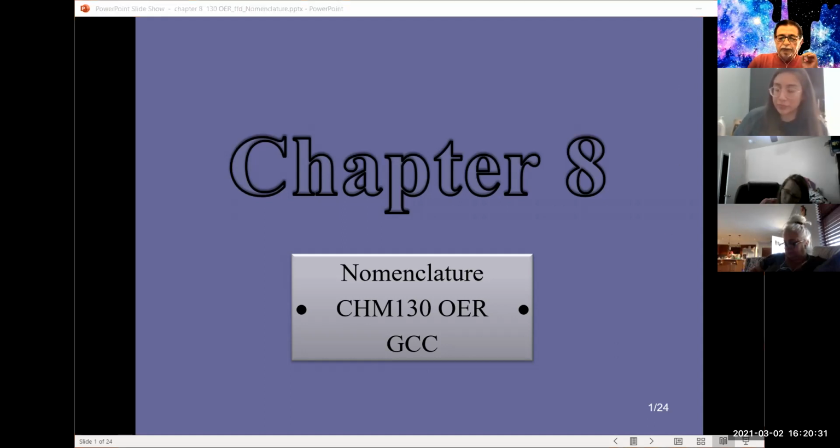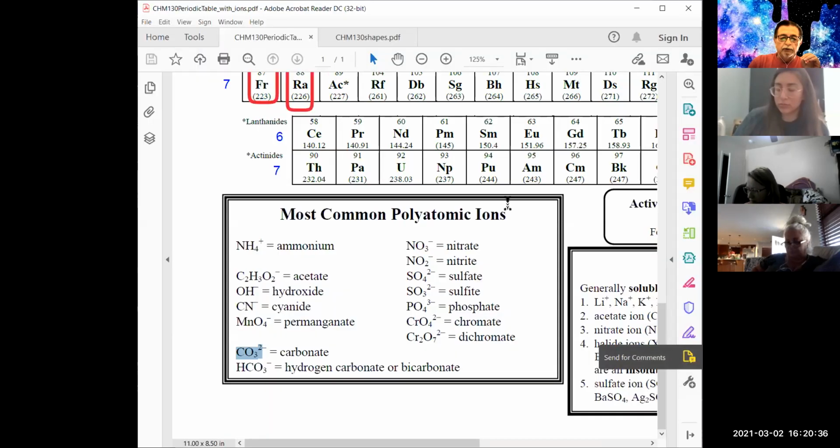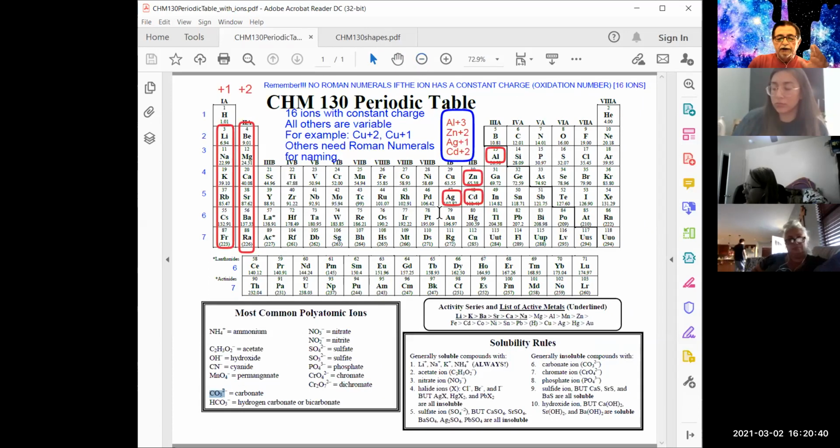Now, there's a couple of things I want to share with you. It's the periodic table, the old-fashioned periodic table, specifically this one. I used it before, and here, let me go through this again. Hopefully by now, you're aware of where the metals are and where the non-metals are. If not, review that step to help you out.